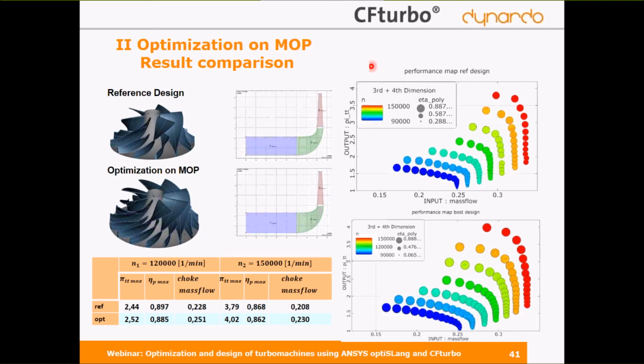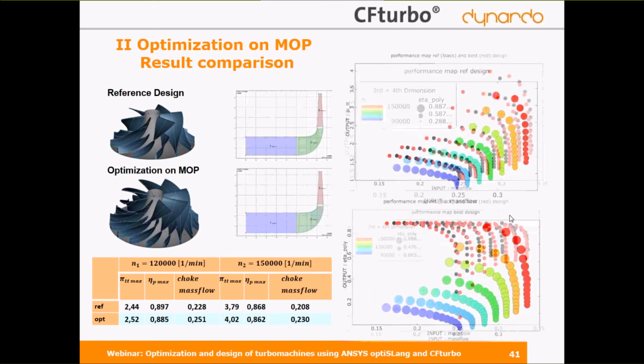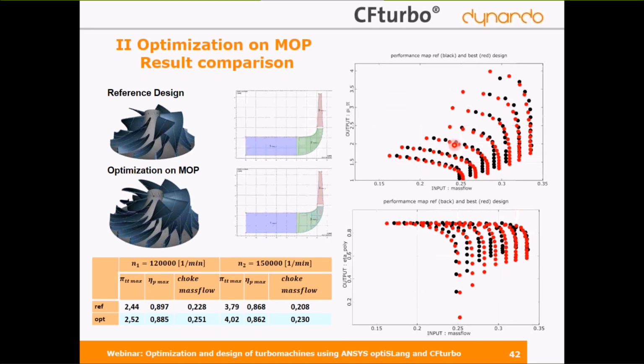And here you can see the initial design compared to the best design, and for better comparison, it's also helpful to have it in one plot. And here you can see, for example, then the black design is the reference design, and the red one is the optimized design, where you may see the higher pressure ratio and the higher choke mass flow as well. And you see that efficiency nearly keeps constant.